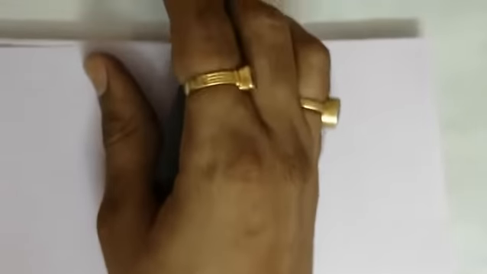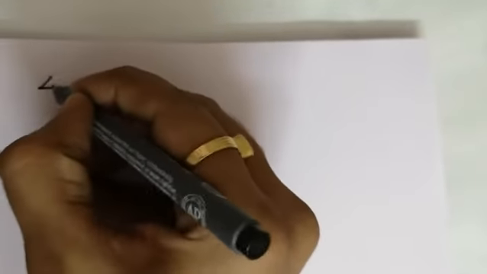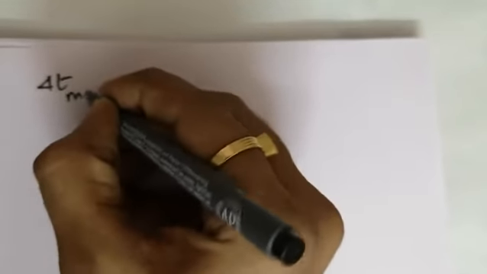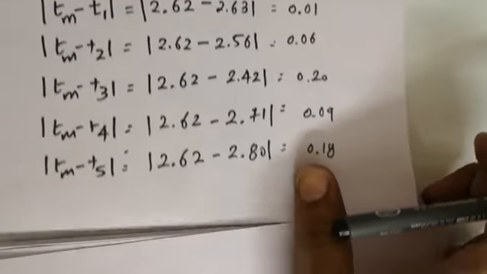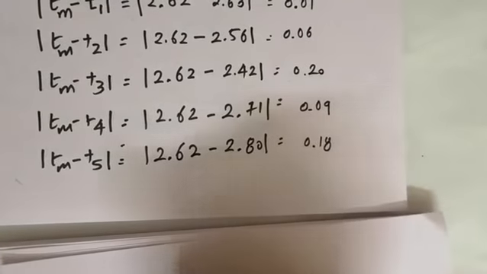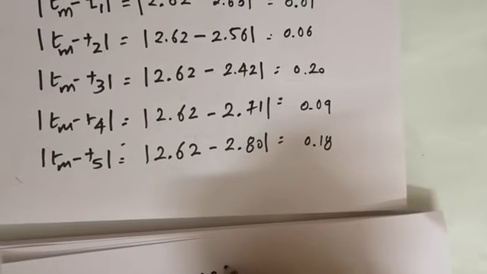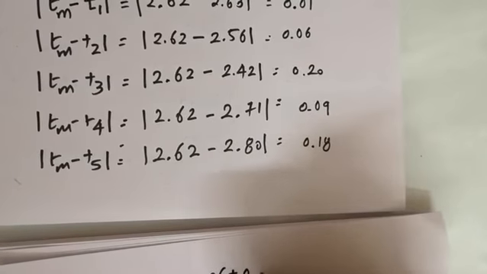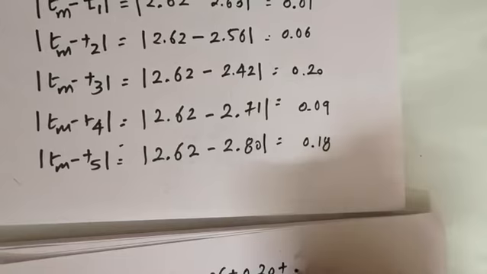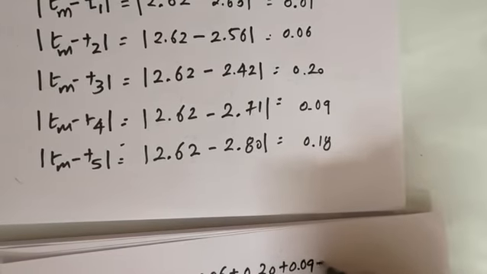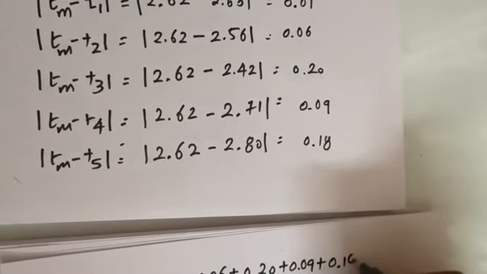Now I am doing the average part. So let's say I'm taking delta t of mean. I have all those data in front of me: 0.01, 0.06, 0.20, 0.09, and 0.18.